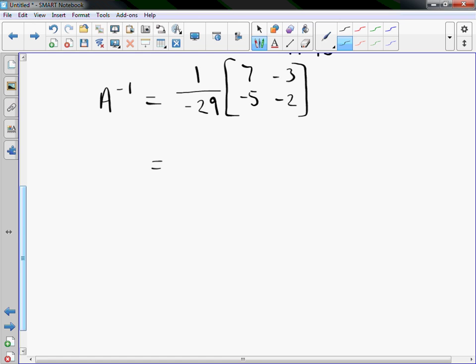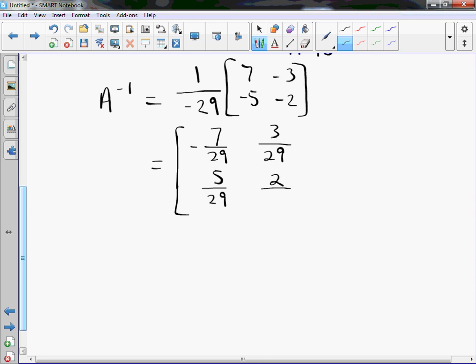So you can have negative 7 over 29, positive 5 over 29, positive 3/29ths, and positive 2/29ths. I don't believe any of those reduce.